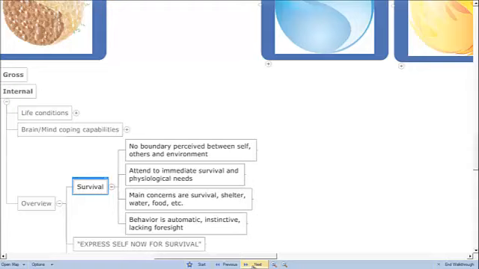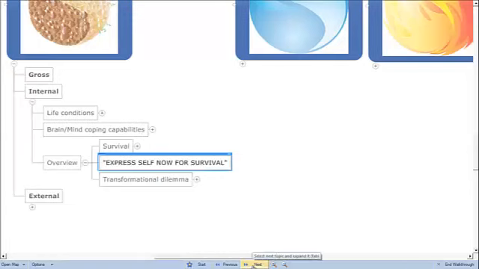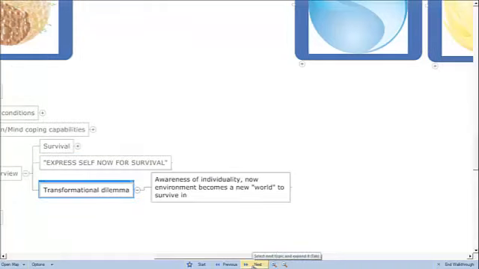So again, Earth internal, really it's just survival. Automatic, instinctive behavior without any foresight. The mission statement of Earth internal is to express self now for survival. And there's a transitional dilemma that occurs at Earth internal. So all of these levels have a transitional dilemma which causes you to evolve to the next level of consciousness.